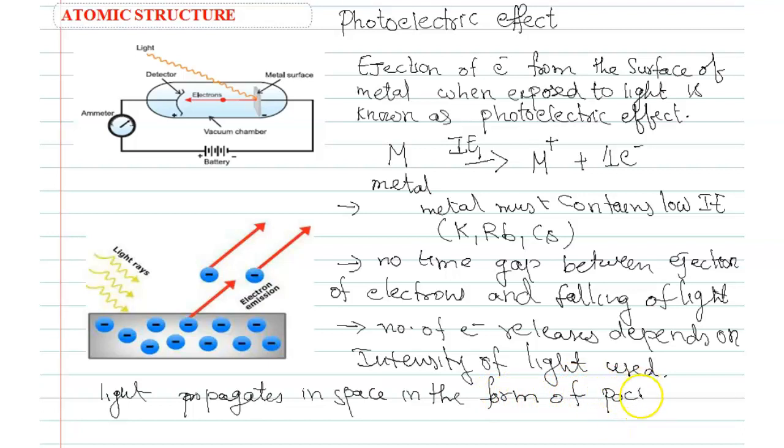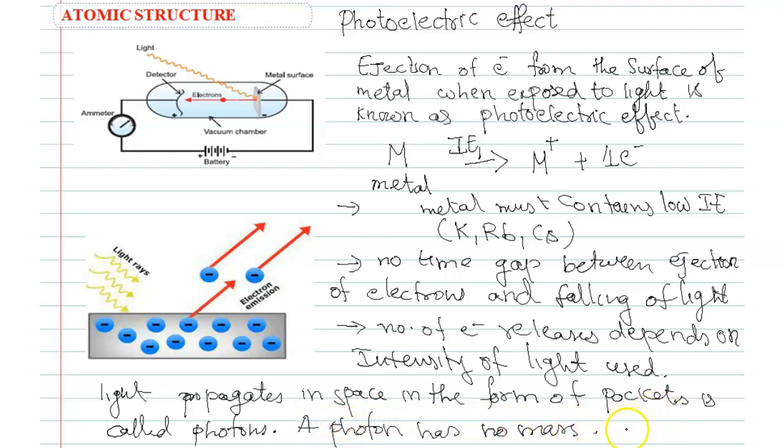The packets are called photons. A photon has no mass. Its energy is E equal to h nu. So photon energy is E equal to h nu.